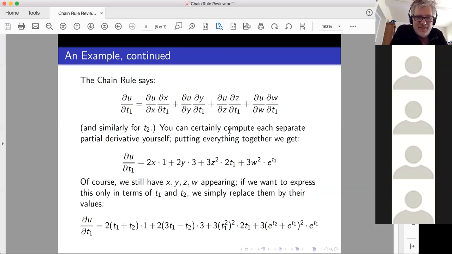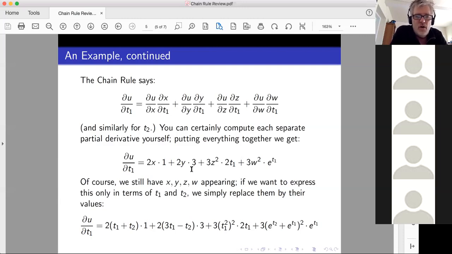If you do that and you just replace the expressions, you will get that del u del t1 is the expression you see. So 2x times 1 plus 2y times 3 plus z squared times 2t1 plus 3w squared e to the t1. Now I said this in class, it looks strange because obviously we should be getting a function of t1 and t2 only, but here we have x, y, z, and w.